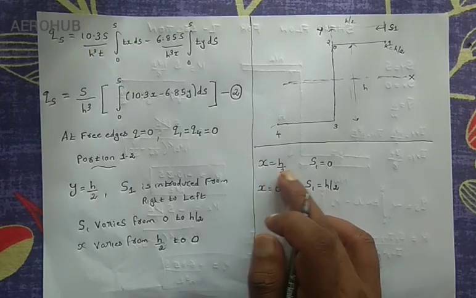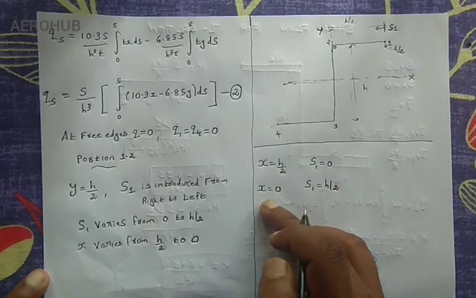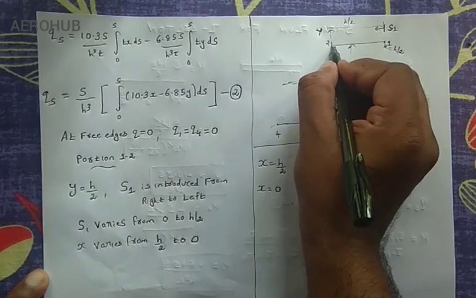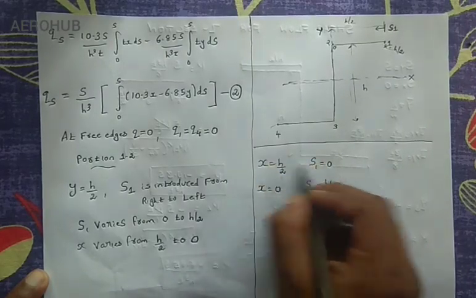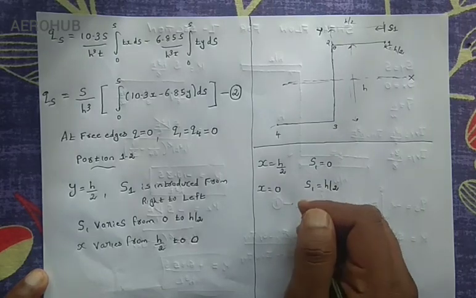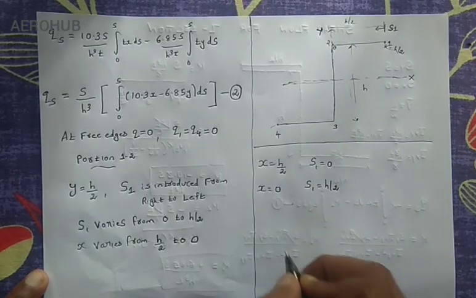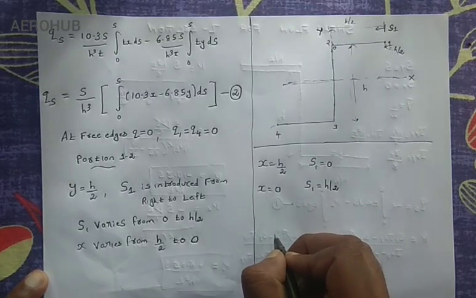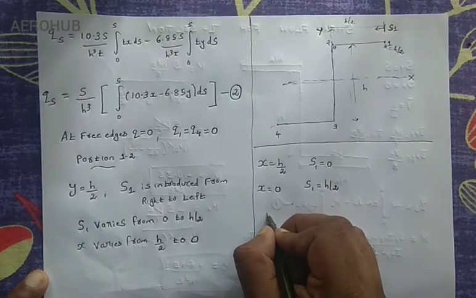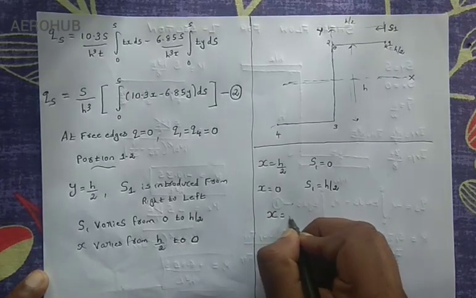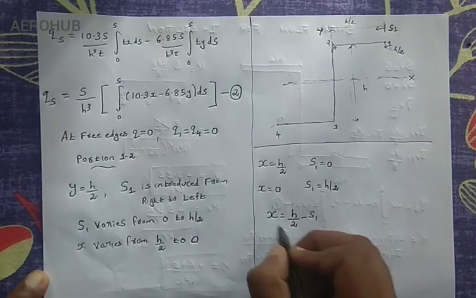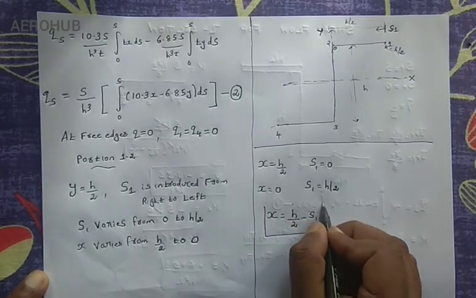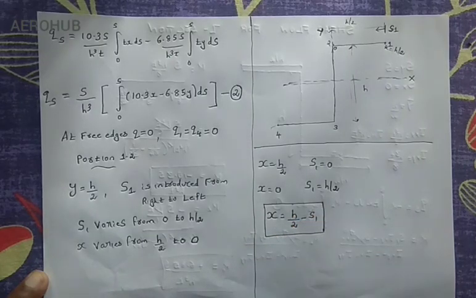By comparing these four criteria, we have to write an equation for x. So I will write x is equal to h by 2 minus S1.